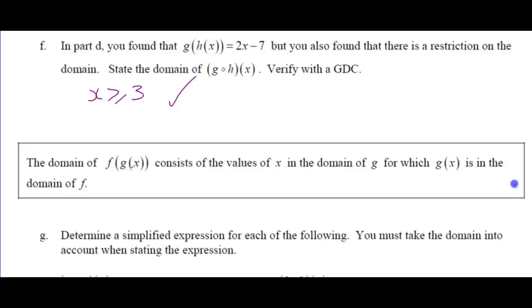If it's outside of those values, then you can't put it in. Which means all we're allowed to do is put in an x value here that will generate a value such that it can be put into this function. Make sense? You can put an x in as long as g of x gives you a value that you can stick into f.